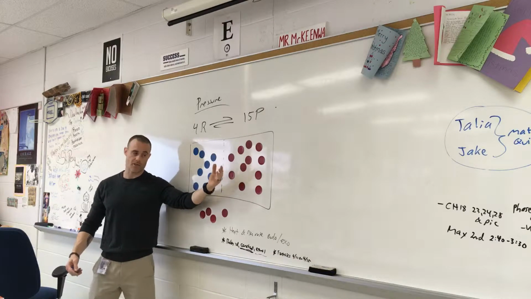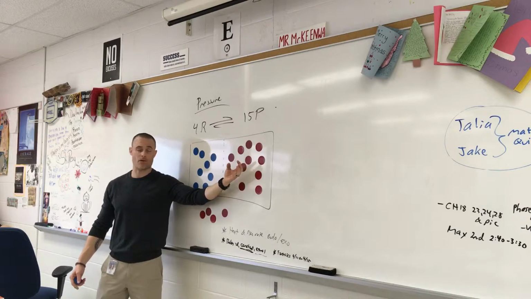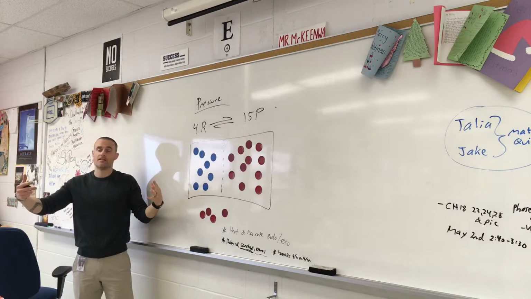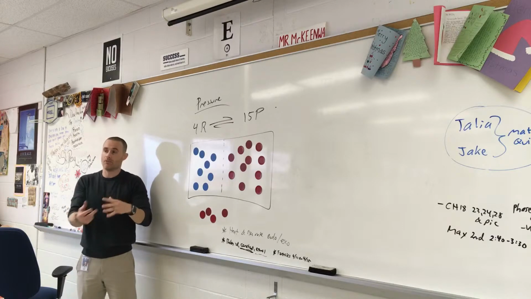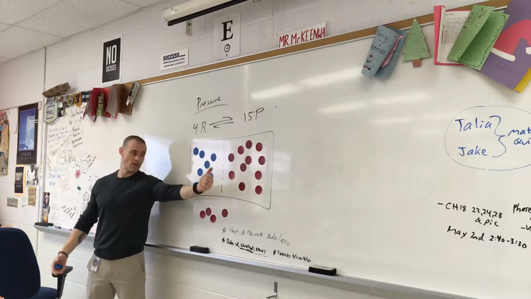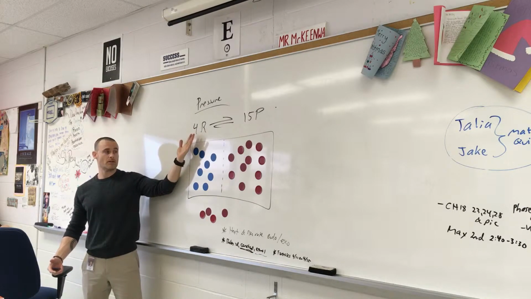And again, the reason for that is all these particles are crowded together. They don't want to be any more crowded than they already are, so they try and get out. They try and create space because that's what gases do. They go from high pressure to low. So this side would experience high pressure first, so it would go towards the low pressure, which is where there are fewer particles.